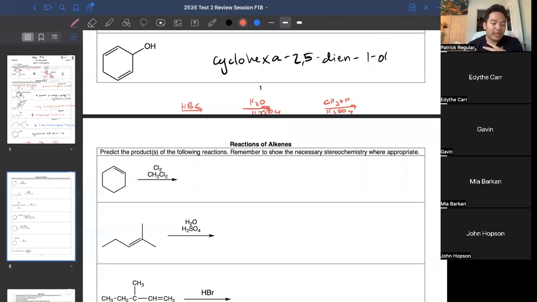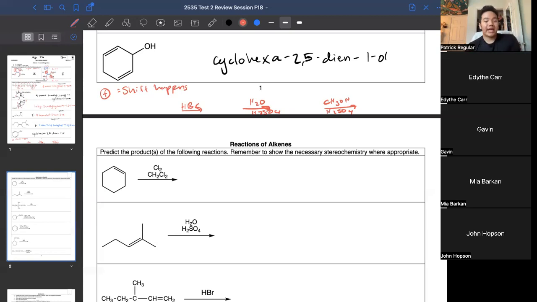And if you can remember from what we talked about on Sunday, shift happens wherever there's a carbocation. So if there's a carbocation intermediate, shift happens. Because if you have a carbocation on like a secondary carbon and there's a tertiary carbon right next to it, it's going to hyperconjugate and send some stuff over so it stabilizes it, because secondary carbocations, if you read the textbook, are not stable at all.